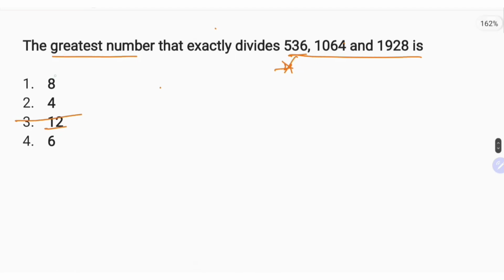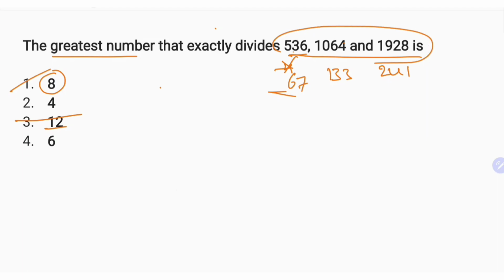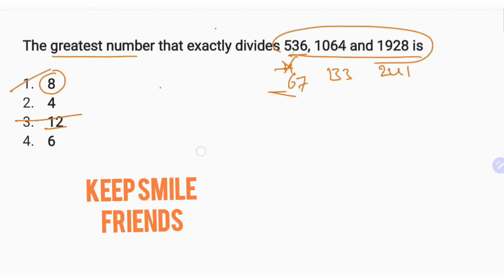And the next one is taking 8. 8 divides this 6 times, 7 times, 1 time, 3 times, 3 times. Here also 2 times, 4 times, 1 time. 8 divides all the 3 numbers. So the greatest number is 8.